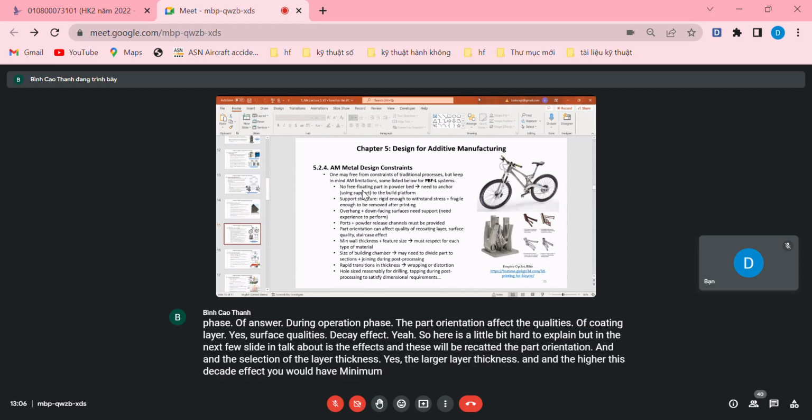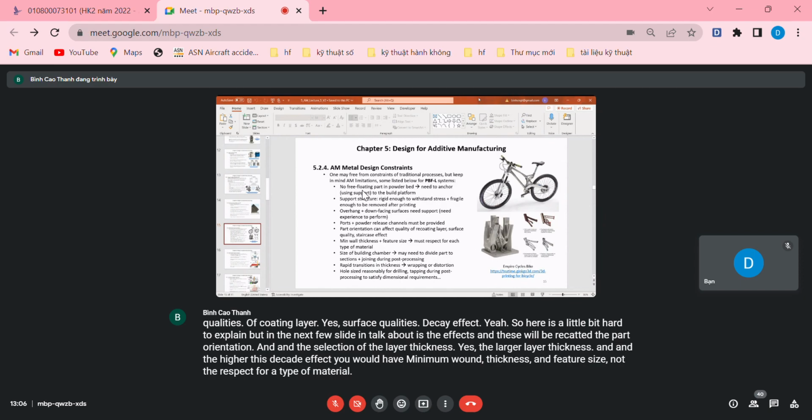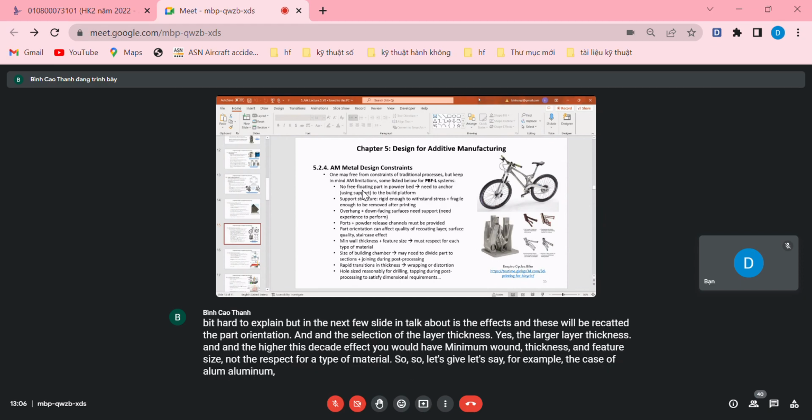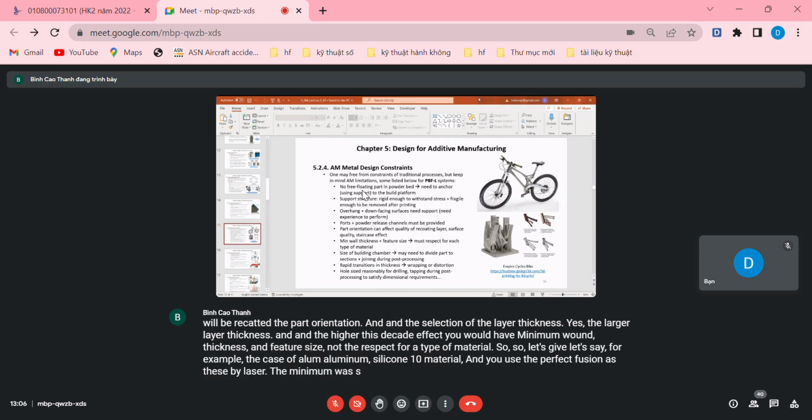Minimum wall thickness and feature size must be respected for each type of material. For example, in the case of aluminum silicon 10 magnesium, using powder bed fusion by laser, the minimum wall thickness is in general 1 millimeter.